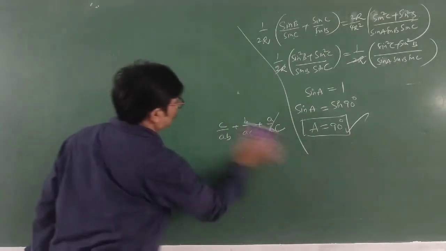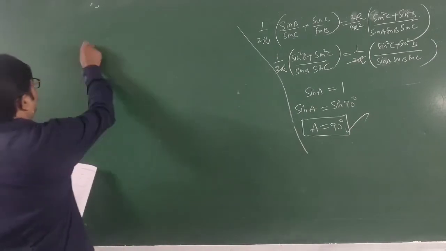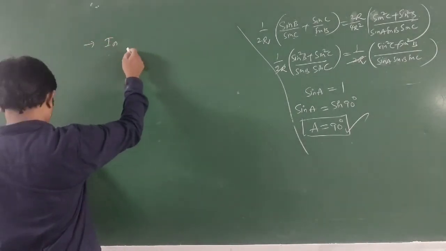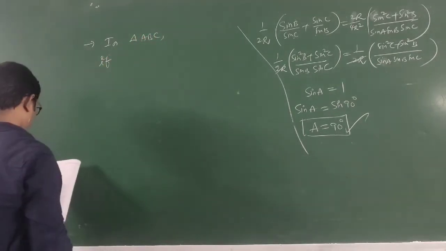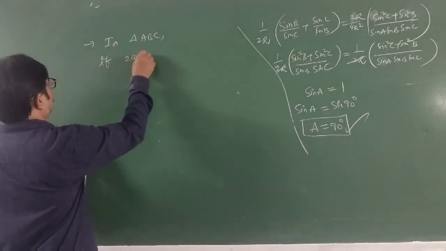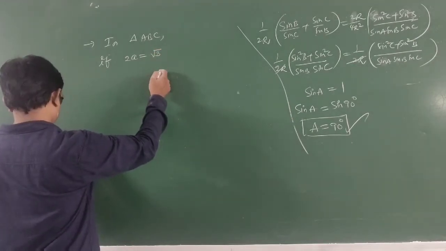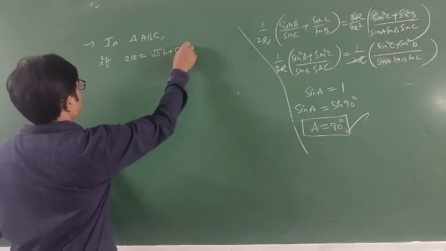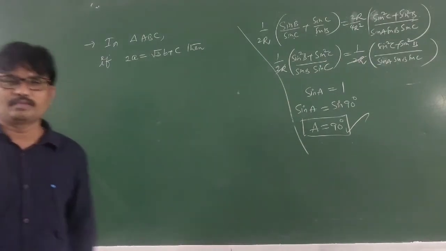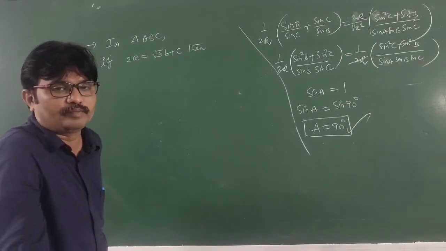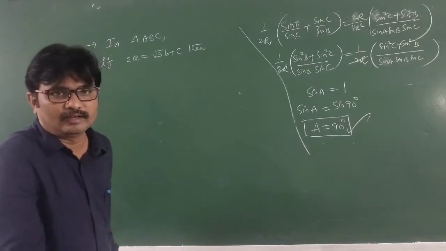Now students, question number 4. The question is that in a triangle ABC, if 2a equals root 3 b plus c, then the options are given: a square equals b square plus c square, b square equals c square plus a square, c square equals a square plus b square, and none of these.